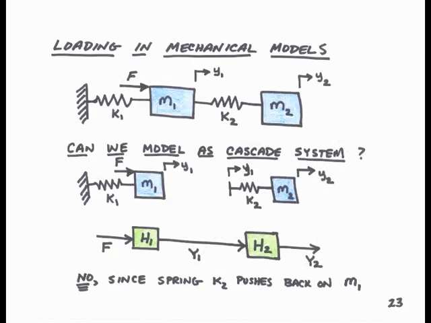Later in this course, we'll consider mass spring models of mechanical systems, and we'll write the equations of motion for these. So, if we were to consider the first system, shown at the top of this page, consisting of masses m1 and m2 and springs k1 and k2, with input force F on mass 1 and output displacement y2 of mass 2, the question that we would ask from a loading point of view would be, could we model this as a cascade system?